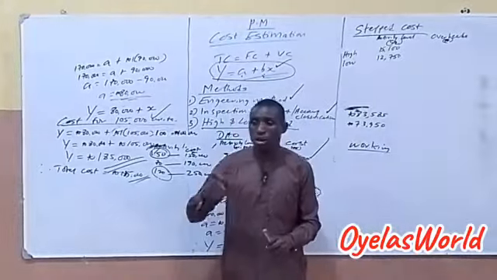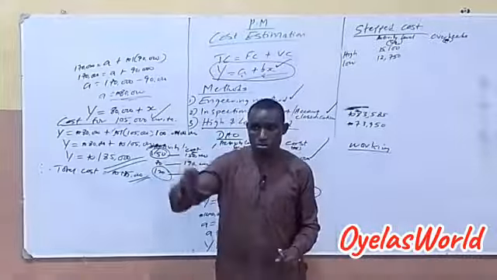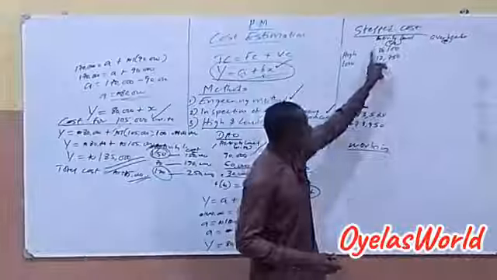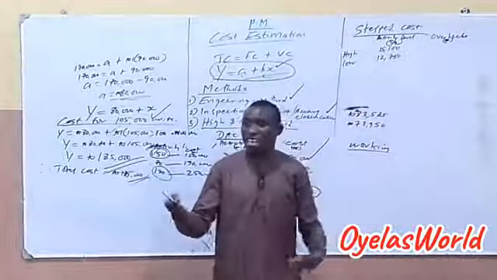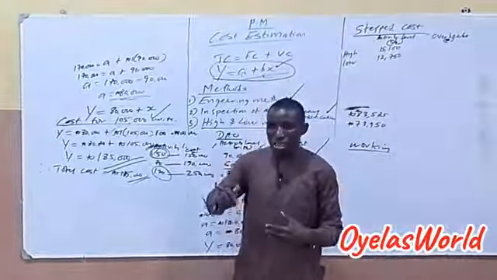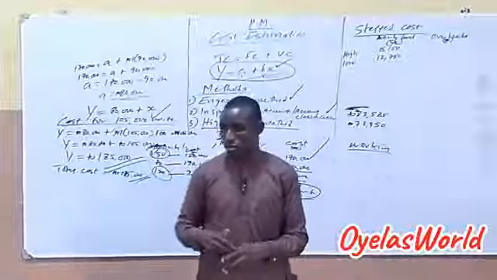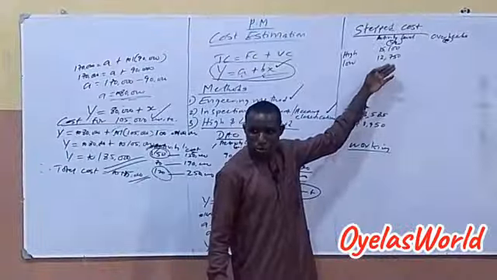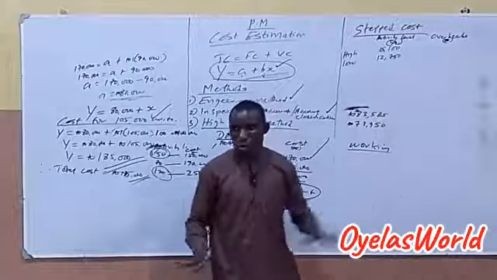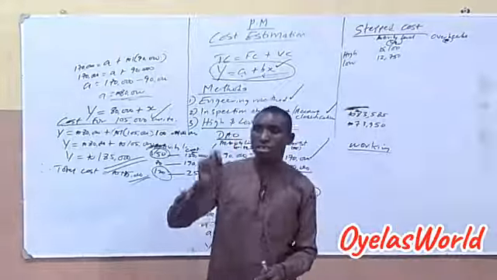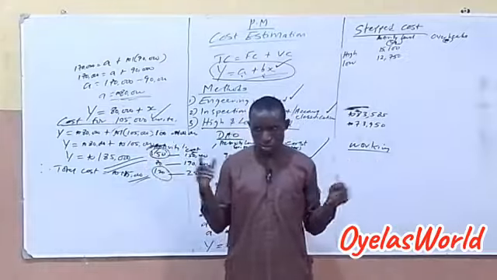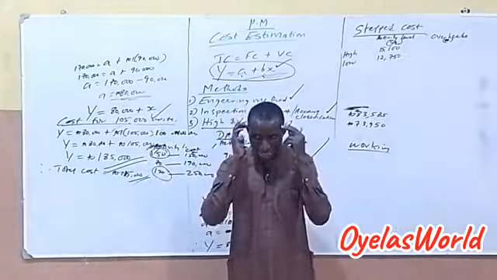So it's already more than 14,000 units, which means that whatever cost they gave us here has already embedded the step cost. This 12,750, can we say the step cost is here? Because it's less than 14,000 square meters. Can you see?